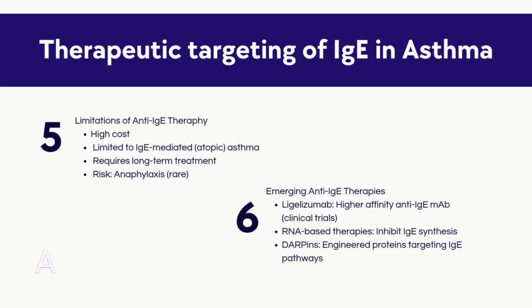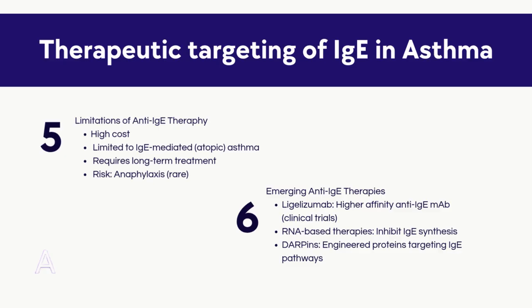For emerging therapies, ligelizumab is a newer generation monoclonal antibody with higher affinity for IgE than omalizumab, and it is currently under investigation for enhanced effectiveness in allergic disease. RNA-based therapies are being developed to inhibit the production of IgE at the genetic level, offering a more upstream and potentially long-lasting approach to the treatment.